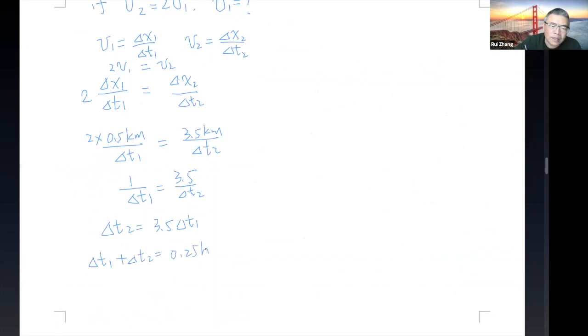0.25 hour. Essentially, this is like 2 equations with 2 unknowns, right? So anyway, you plug this back here, you got delta T1 plus 3.5 delta T1 equals 0.25 hour. That together is 4.5 delta T1 equal to 0.25 hour. So from there you can solve for delta T1.